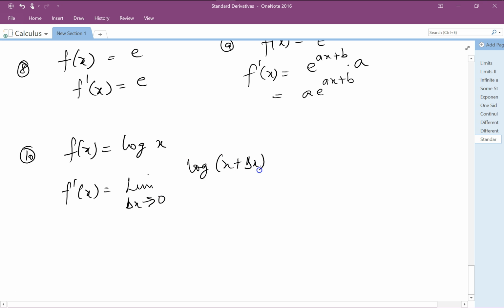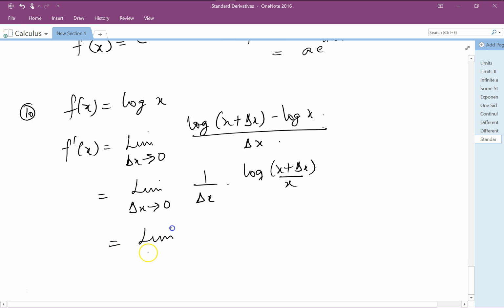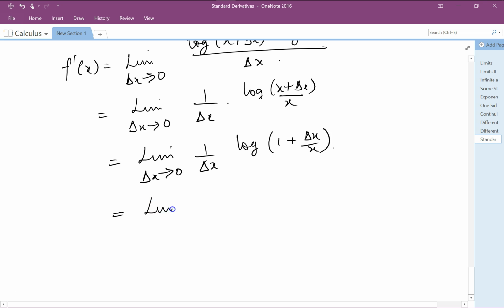Then the subtraction becomes division, so log of (x plus delta x) divided by x. This we can rewrite as log of 1 plus delta x by x. Limit as delta x approaches 0, 1 by delta x we have.